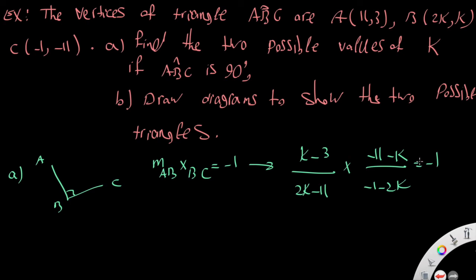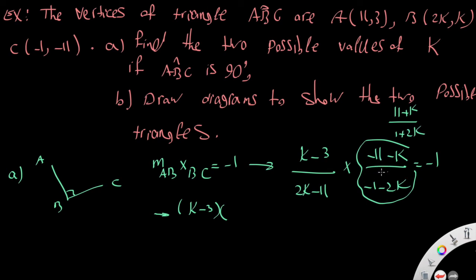Now, here this fraction can be written as 11 plus k over 1 plus 2k, because if you factor negative from both numerator and denominator, you can cancel out negatives, so both become positive.